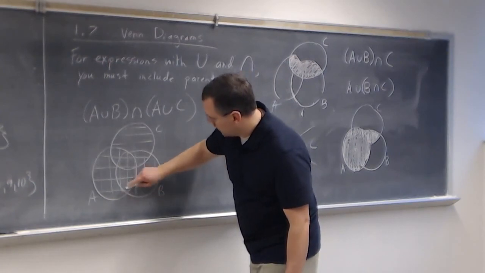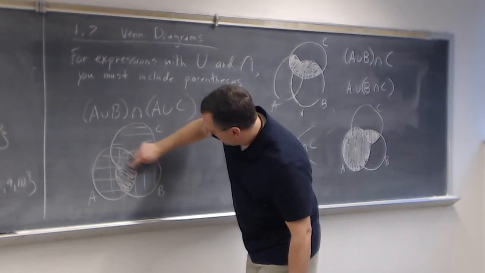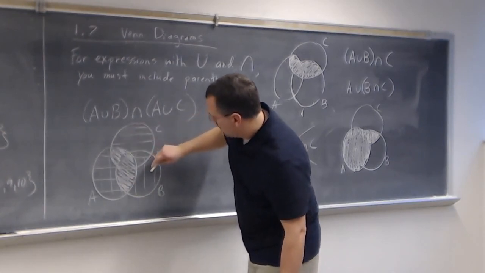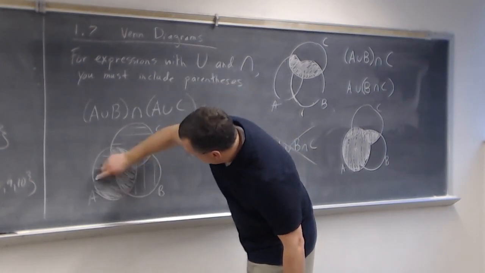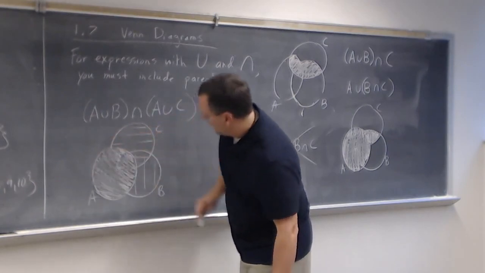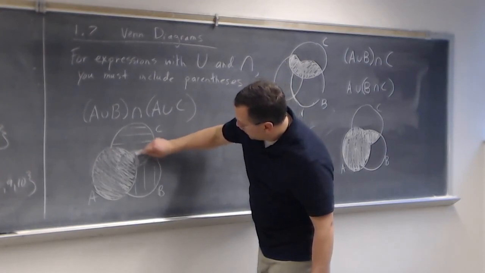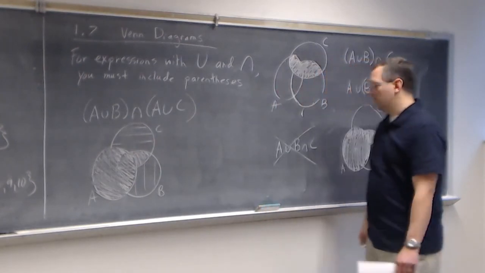This one did. This one did. Well, actually, all of A did too, didn't it? Yeah, so all of A. Anything else get shaded in twice? This little ear here. Interesting.